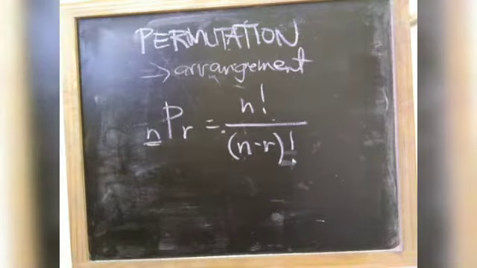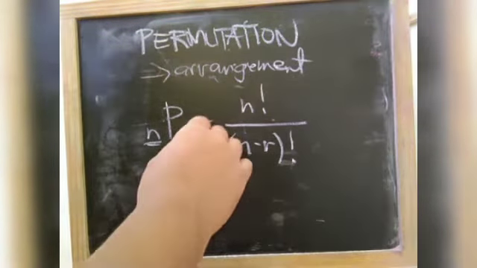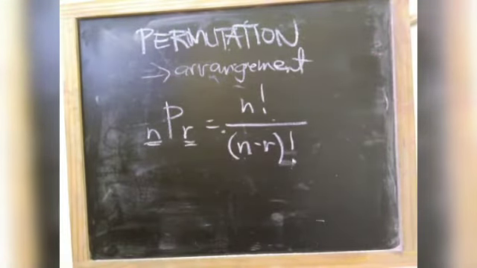Mamaya magbibigay ako ng example. The n here represents the number of objects that you have in a certain situation, and then the r here represents the number of objects you are actually given to arrange, yung ilan yung kukunin at i-arrange. For example, bukahin muna natin to.